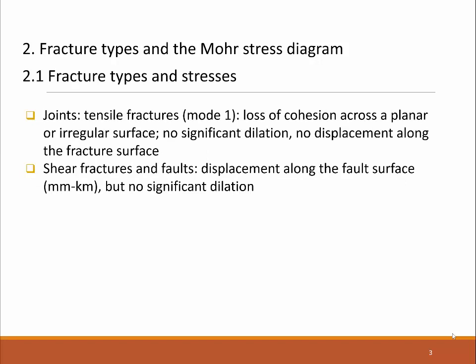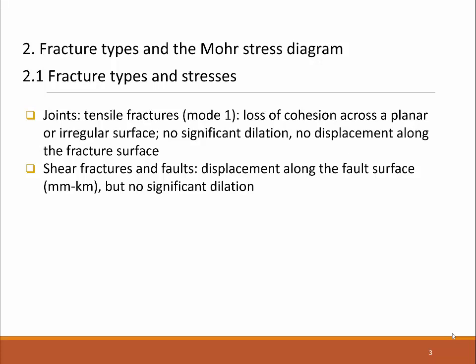Fractures that most geologists will know from almost any outcrop with consolidated, lithified rocks are joints. Joints are tensile fractures, mode 1 fractures. They are usually present in various sets in different orientations, and they indicate that across the fracture loss of cohesion has taken place.